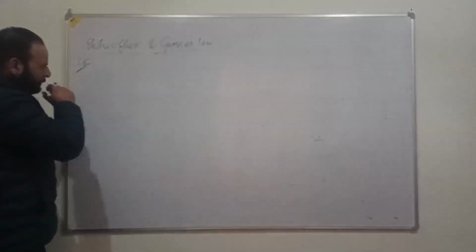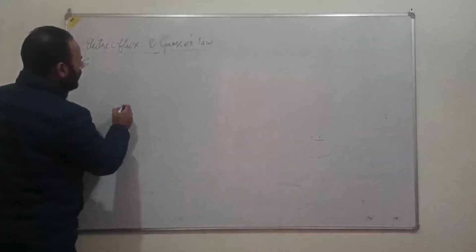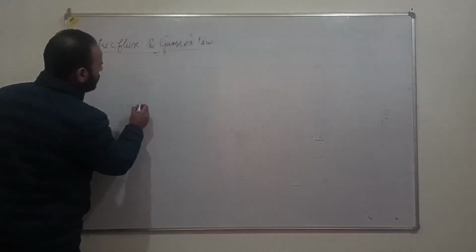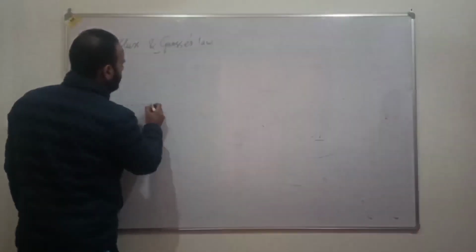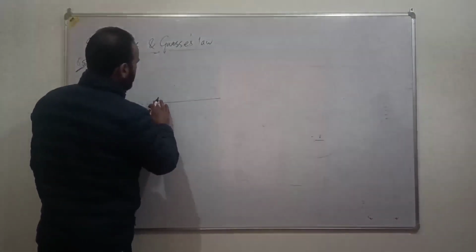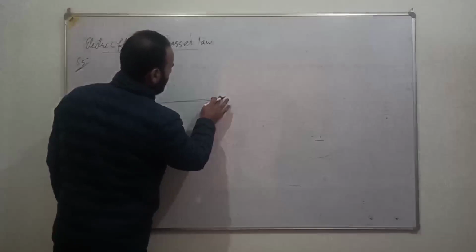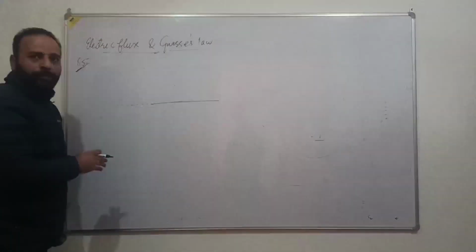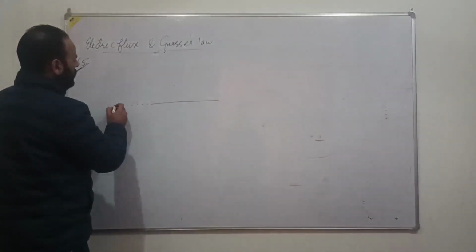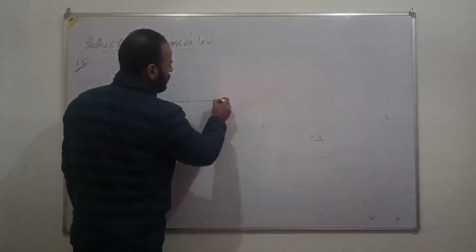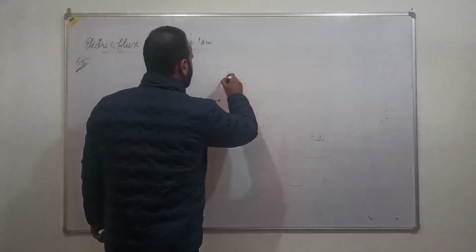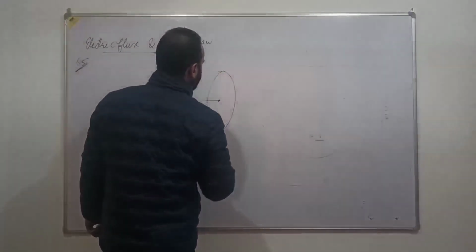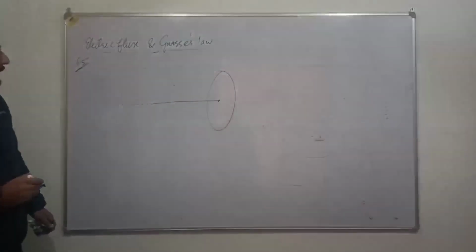Here I have a semi-infinite linear charge distribution. On this semi-infinite linear charge distribution, we have the endpoint. Now we have to calculate the flux through the disk at this point.